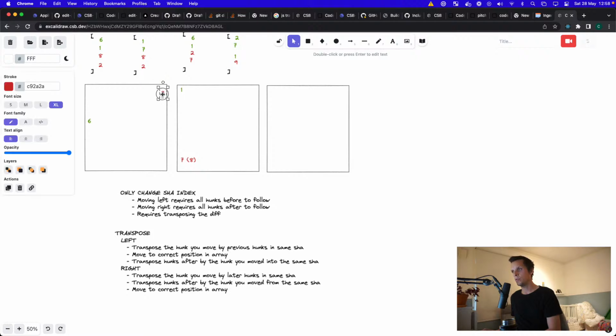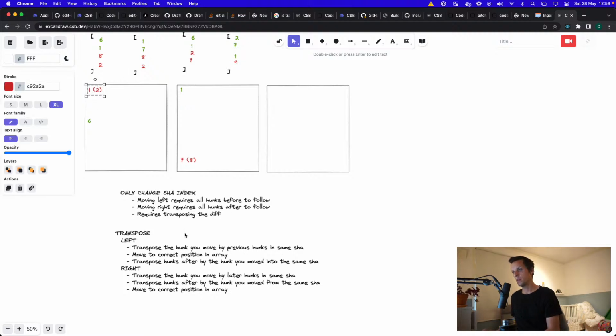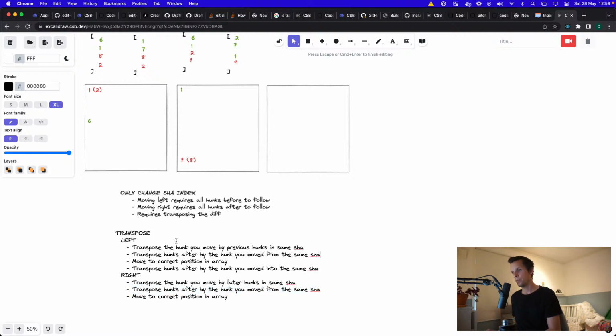Because now when I move this out, I need to transpose this to be 1 with the previous hunks. Move to correct. Yeah, but I'm missing this. I actually have to do this both places.